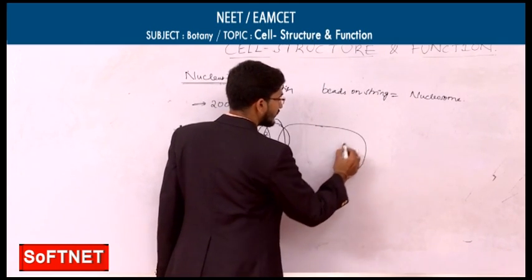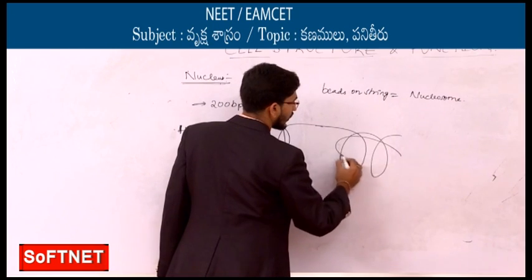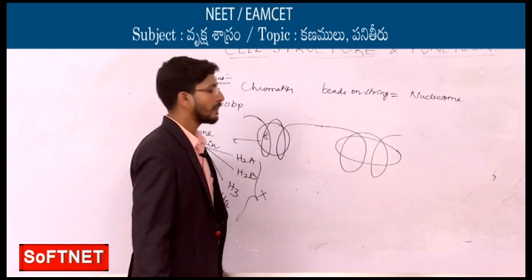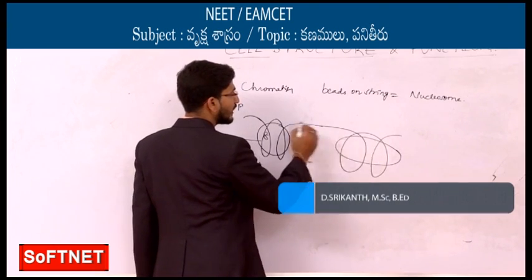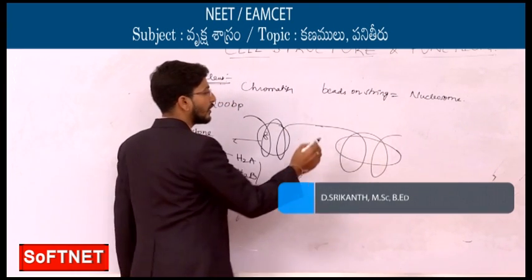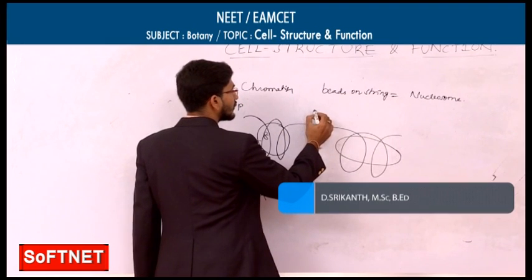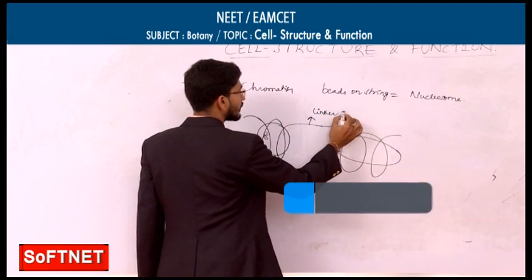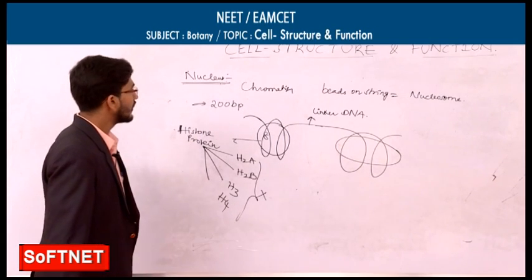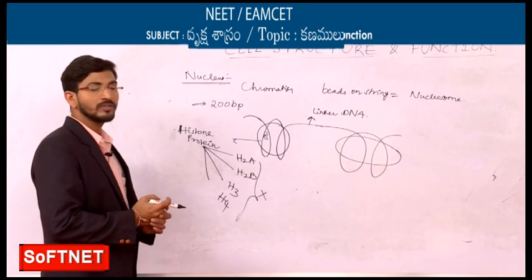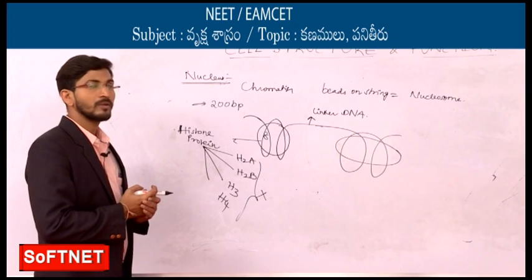Likewise, it also surrounds another nucleosome core. The DNA present in between 2 nucleosomes is generally called linker DNA. So beads on string, nucleosome structures, are found in the chromatin.